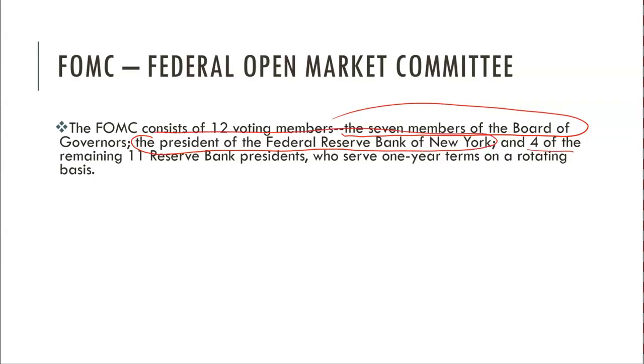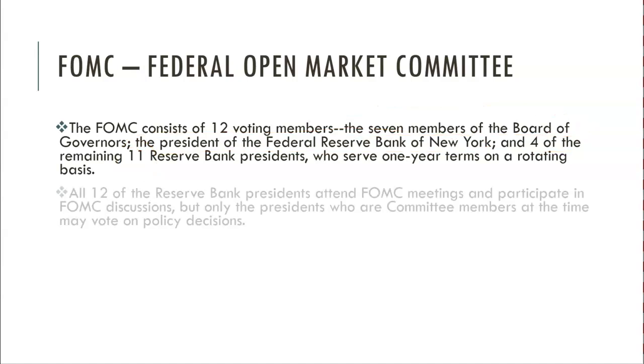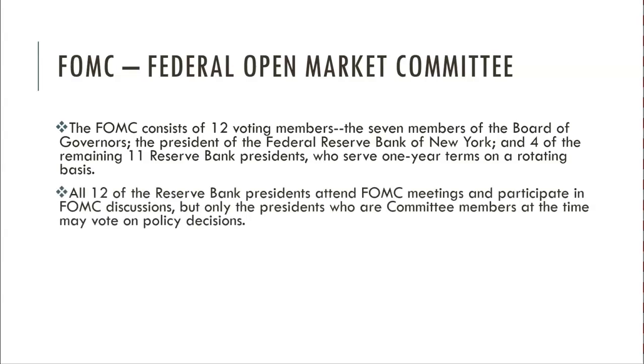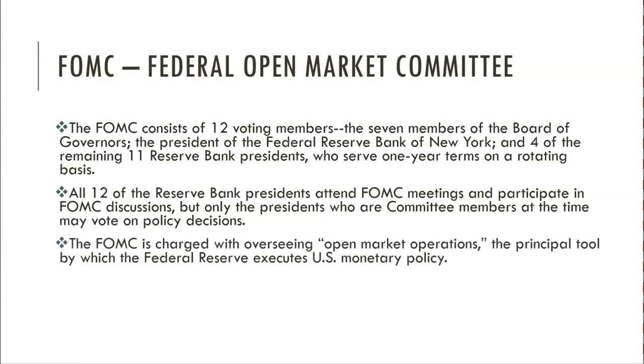And then 4 of the remaining 11 Reserve Bank presidents who serve on 1-year rotating terms. But generally, all of these 11 Reserve Bank presidents go to the meetings. They can all comment, but only whichever 4 are officially on the committee at the time actually vote for the policies. They all participate in discussion.